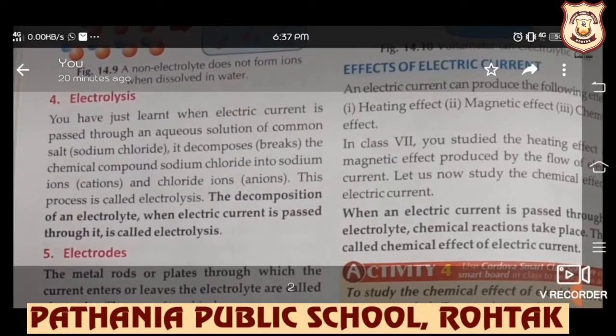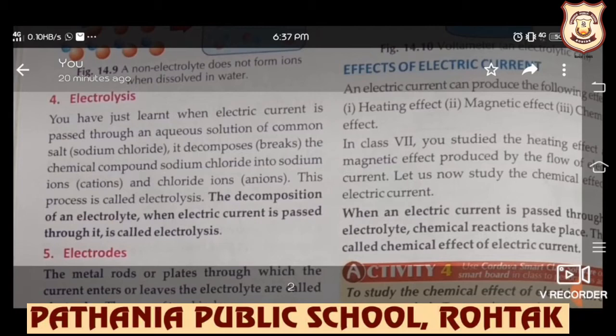Next is electrolysis. Beta, these are general terms that you must know before studying the chemical effect. So what is electrolysis? Lysis means breakdown. Electro means on passing the electric current. The decomposition of an electrolyte, when an electrolyte dissociates into cations and anions when electric current is passed through it, is called electrolysis.